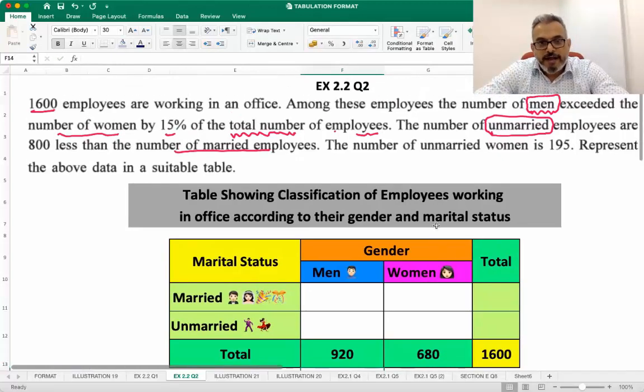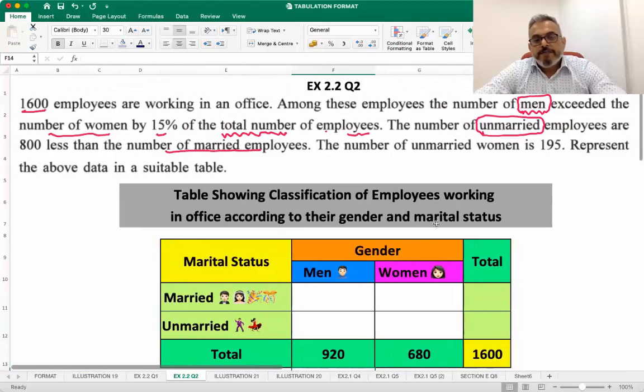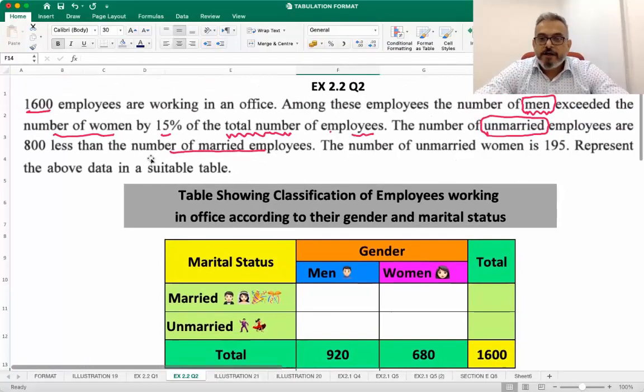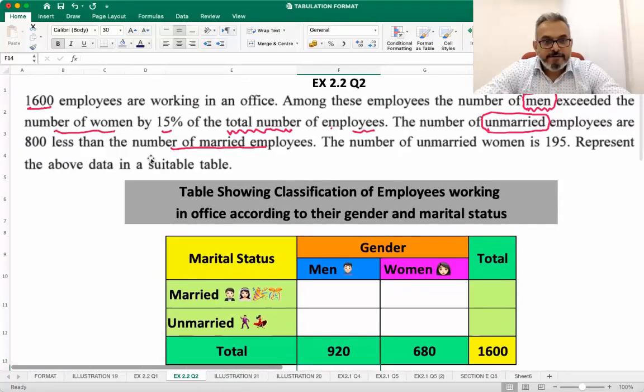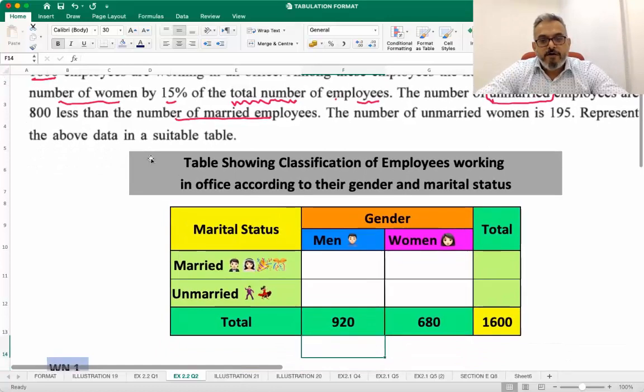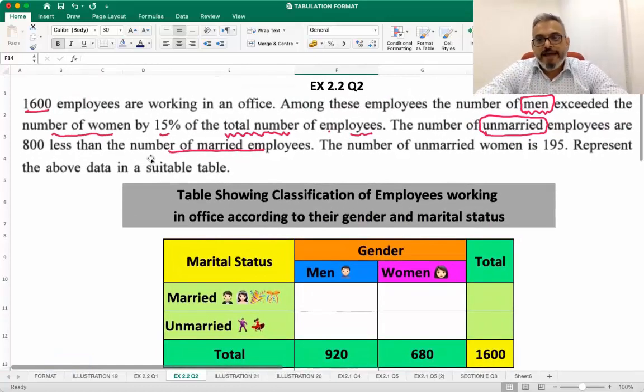Now, what else information is given? The number of unmarried employees are 800 less than number of married employees. So let's go to working note number 2.